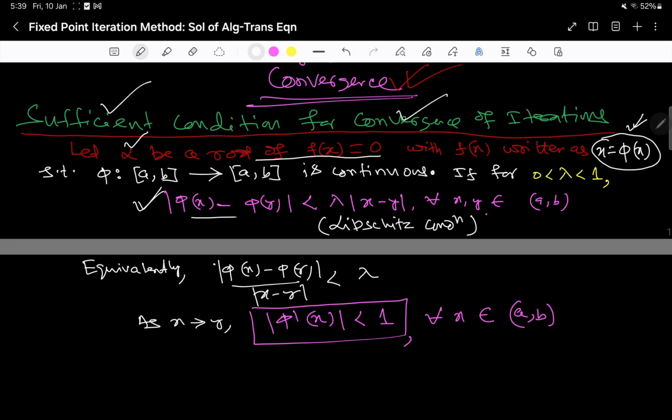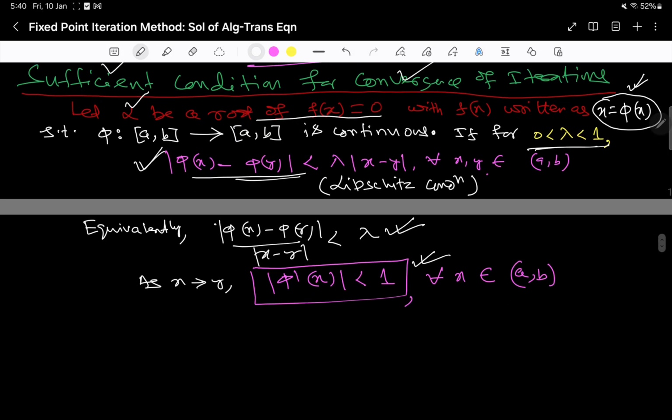Now this formula is equivalent to this one: if I bring it to the left-hand side and take the limit, then this lambda value is within 0 to 1, taking the modulus, less than 1. Here x belongs to [a,b]. The interval may be open or closed.